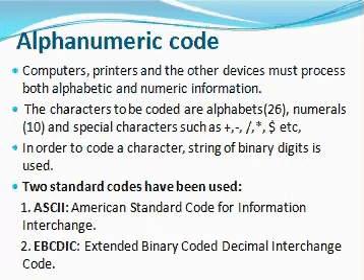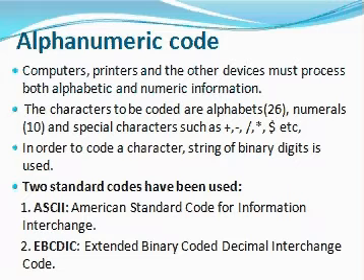alphanumeric code. In computers, printers, and other digital devices, we use alphanumeric codes to process alphabets or numeric information. The characters to be coded are alphabets, numerals, and special characters.